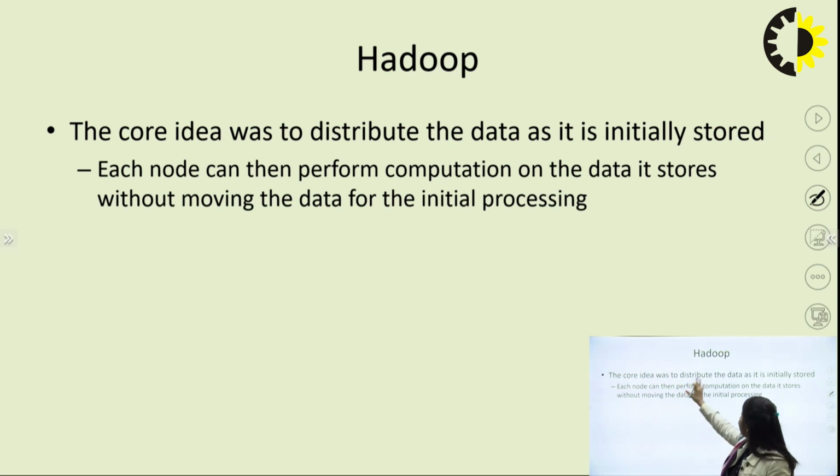Each node then performs the computation on the data stored on that node only, without moving the data from the initial processing. So we need not collect that data on a central server. Each client has its own data, and each client operates on the data assigned to it, or stored on that node.